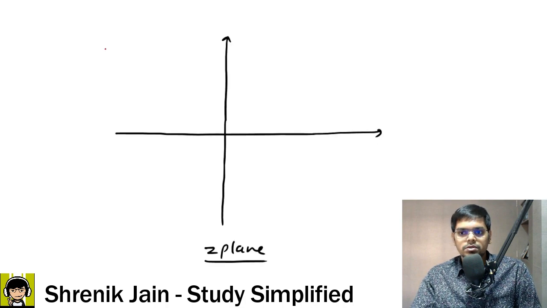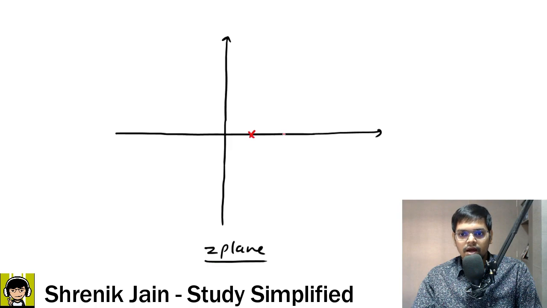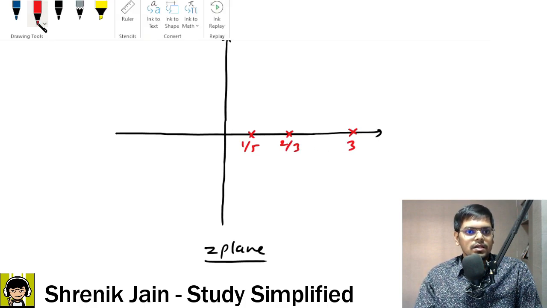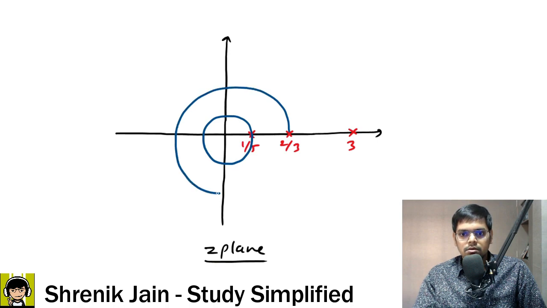We have 3 poles. If you have 3 poles, make a cross: 1/5, 2/3, and suppose this is 3. The unit circle comes between these. Between this, the unit circle will come. If I make a circle from here, then my next circle from here, then the next circle from here.